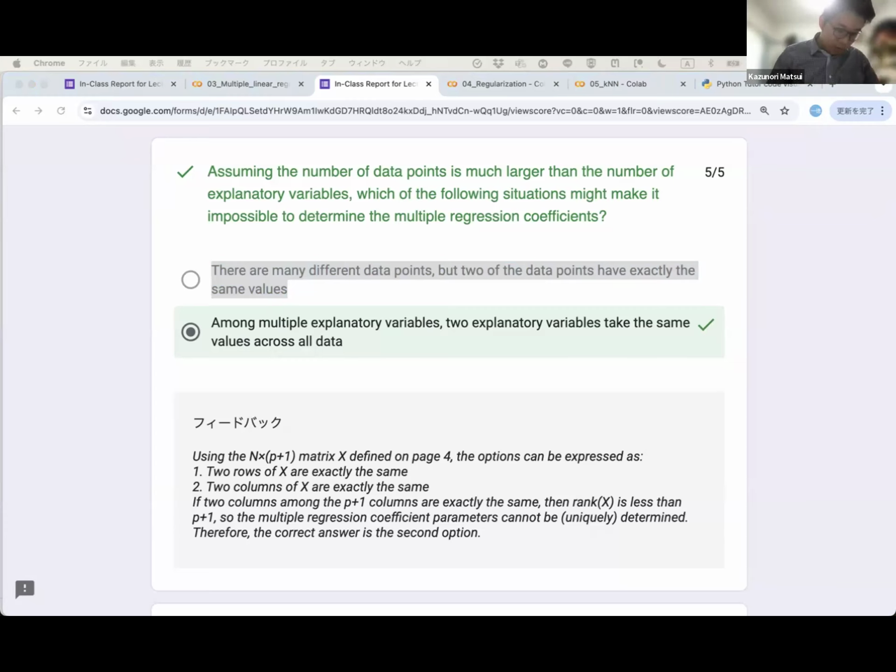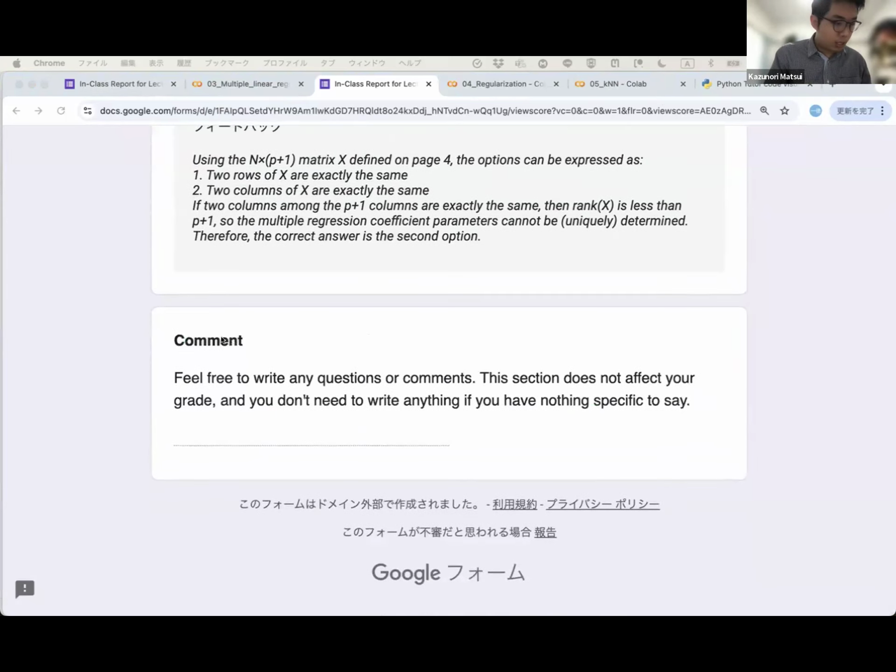I'd like to address the comment that was made.